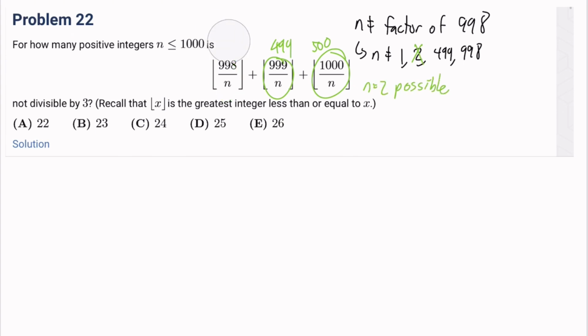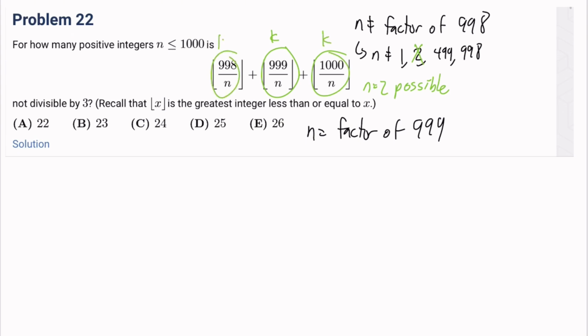And then our next restriction is that n must be a factor of 999, and that is because if n is a factor of 999, then this would be a number, let's say it's k, and this would also be k, but this one will be k minus 1, so those three together would not be a number that is divisible by 3, right?